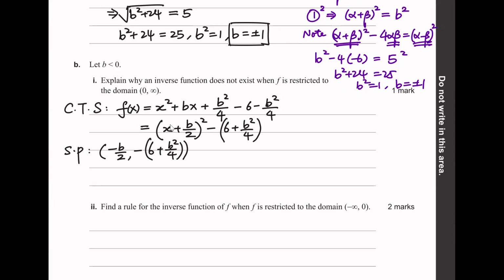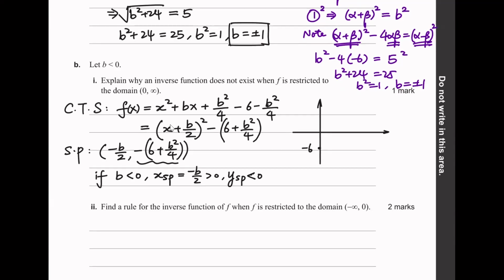Okay, so if b is less than 0, then x stationary point equals to minus b on 2 must be larger than 0. But this is definitely less than 0. So y stationary point is minus something. So it's just a negative value. We know the graph is going to cut through, let's say, minus 6 somewhere.